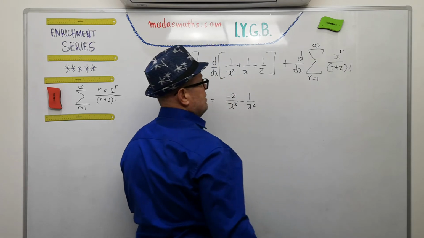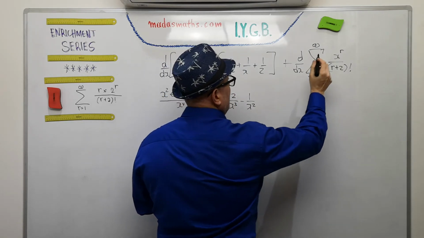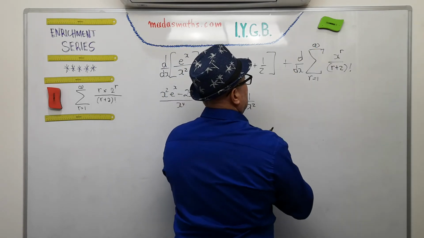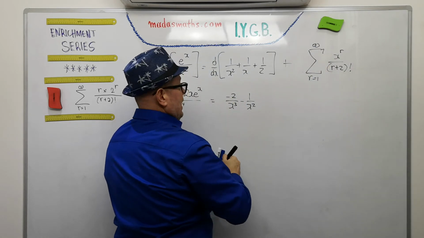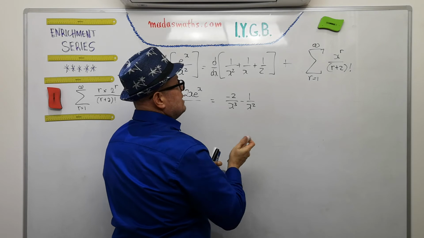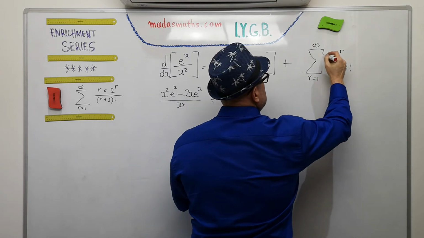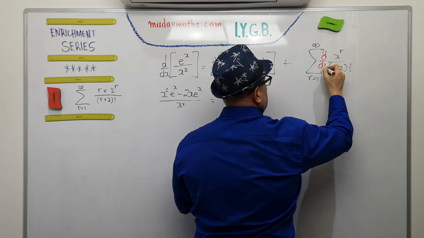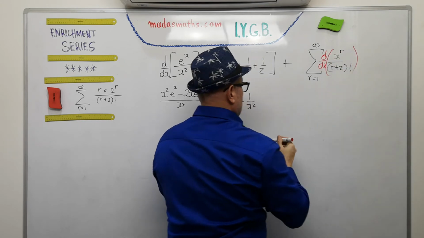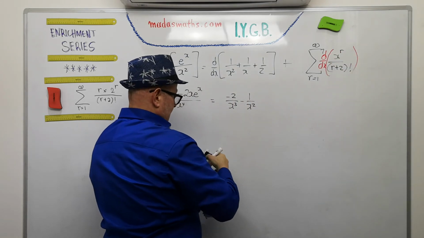And of course, this particular differentiation, I'm going to do it inside the sigma. So let me just do it up here. I'm going to rub off the d by dx from there, and move it inside the sigma. I'm interchanging summation and differentiation, d by dx of this. What will happen in there now?